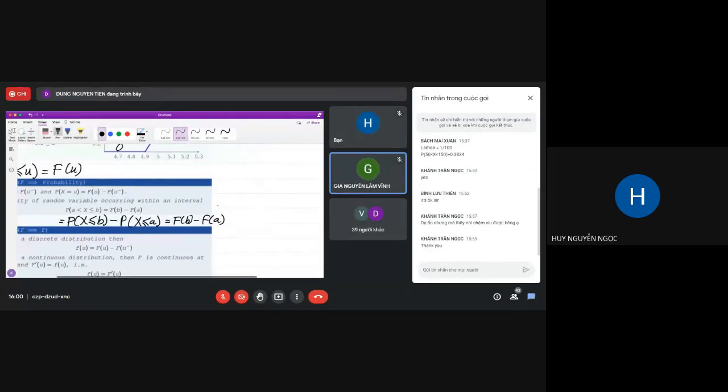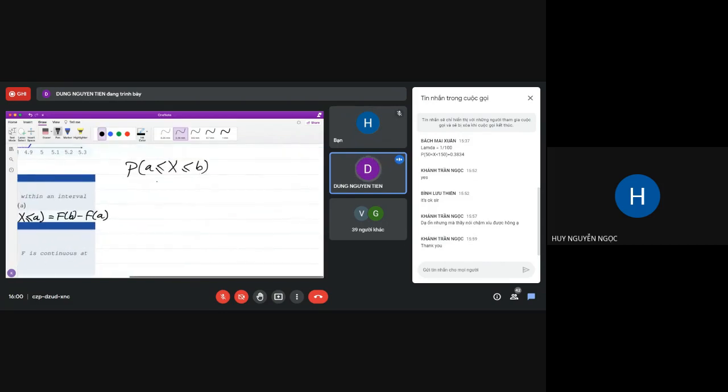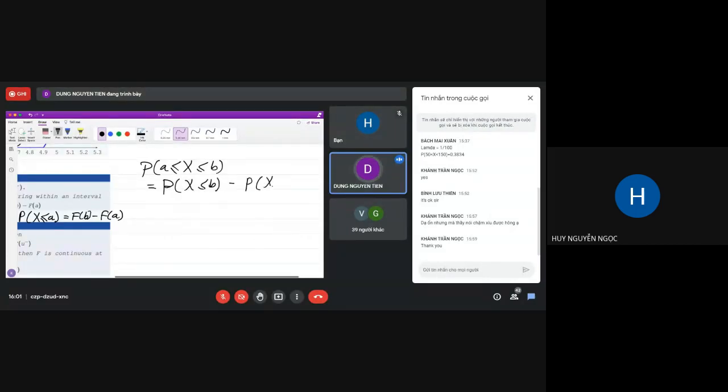If you want to find the probability that x is between a and b, including a and b, then you should use this one. You have the probability that x is less than or equal to b minus the probability that x is less than a, and then you get F of b minus F of a minus.